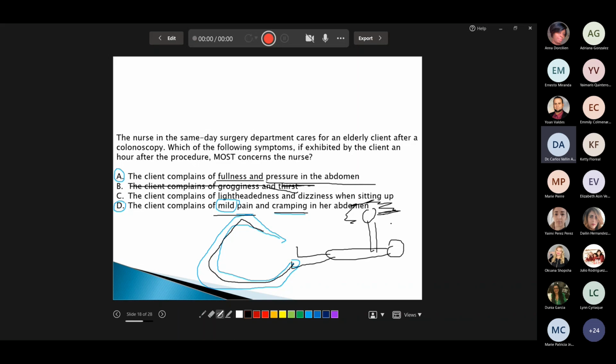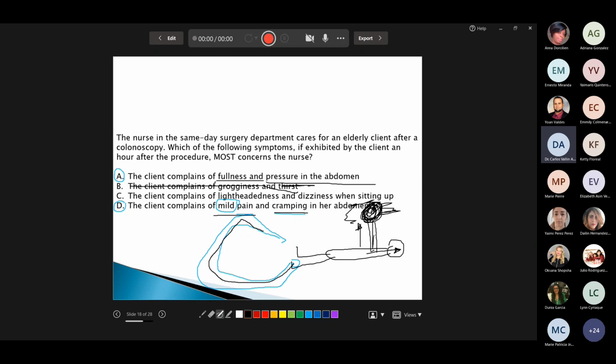And remember that orthostatic hypotension is the earliest manifestation of internal bleeding, when you don't see the blood, but the person is bleeding, is losing volume. While you are in recumbent position, it's okay for the brain because enough pressure is reaching. But when you elevate the brain, then the hypovolemia doesn't allow enough blood to reach the brain, and you feel the dizziness and lightheadedness when you sit up.